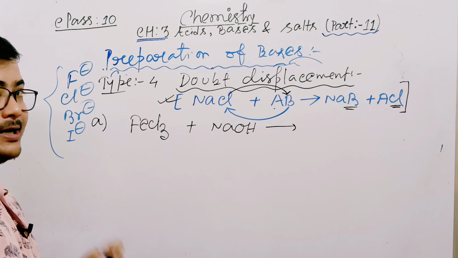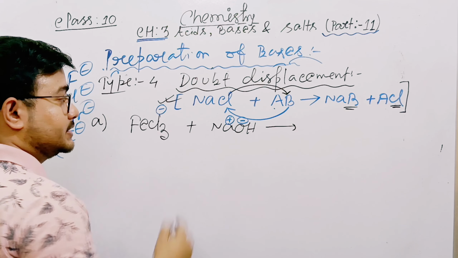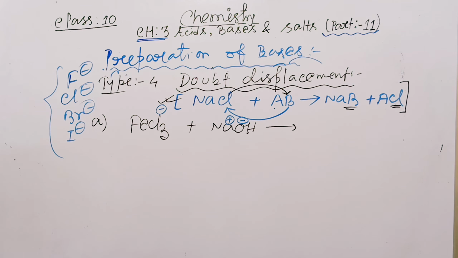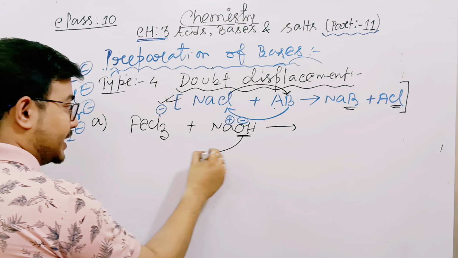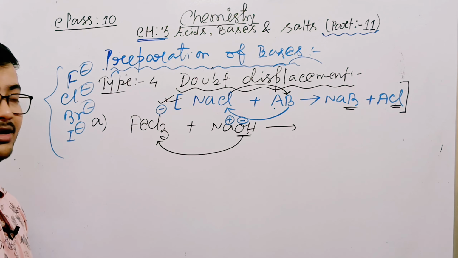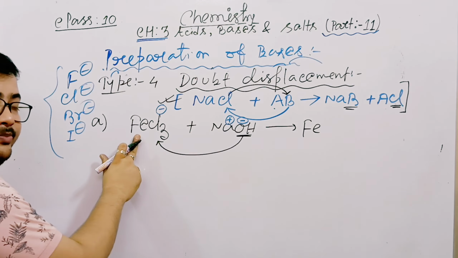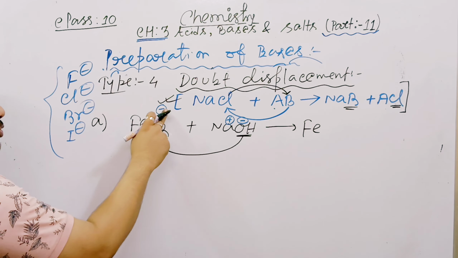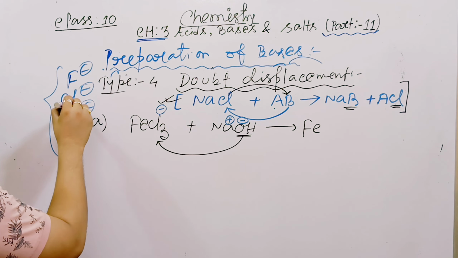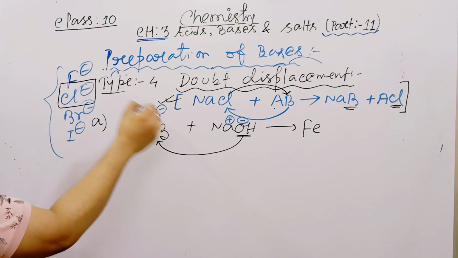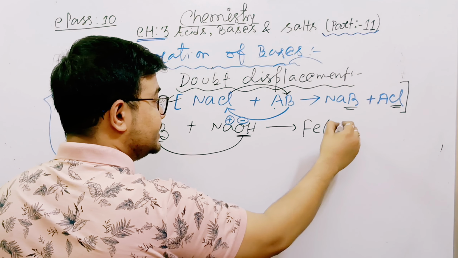So Cl minus here, and here all of you know Na plus, OH minus. So OH tries to replace the other minus, here Cl minus. Fe is constant. Cl contains 1 minus, but how many Cl? 3. So 3 minus, 3 Cl, so 3 OH enter here.